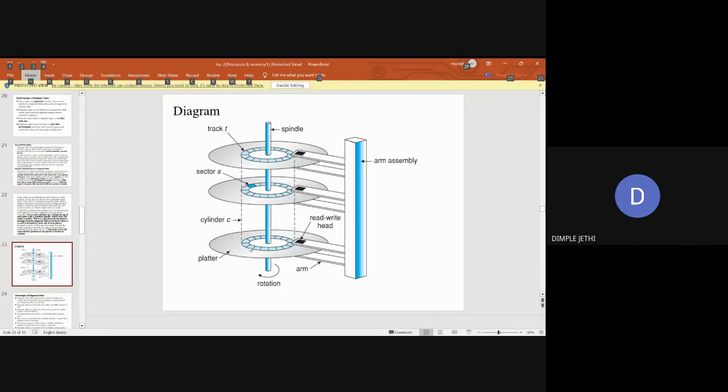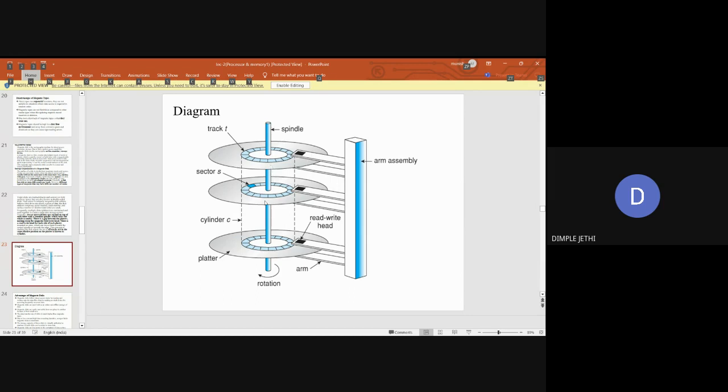Many platters are stacked one above the other, and they all are divided into tracks and sectors. Then they are all attached to one motor, which rotates all of them.